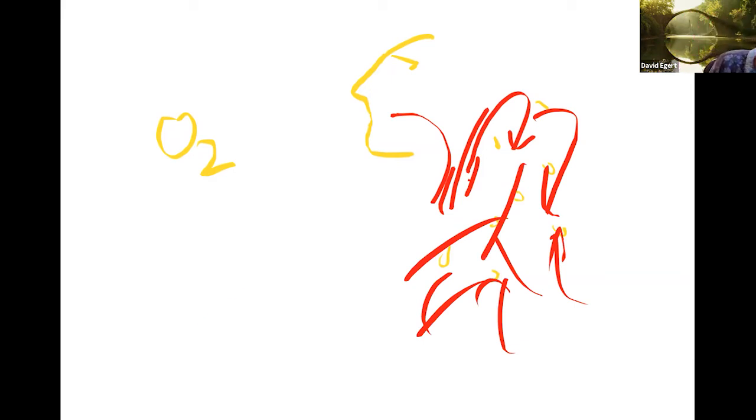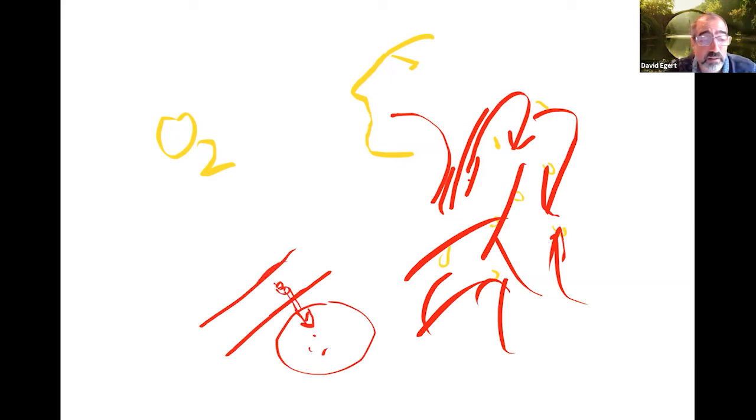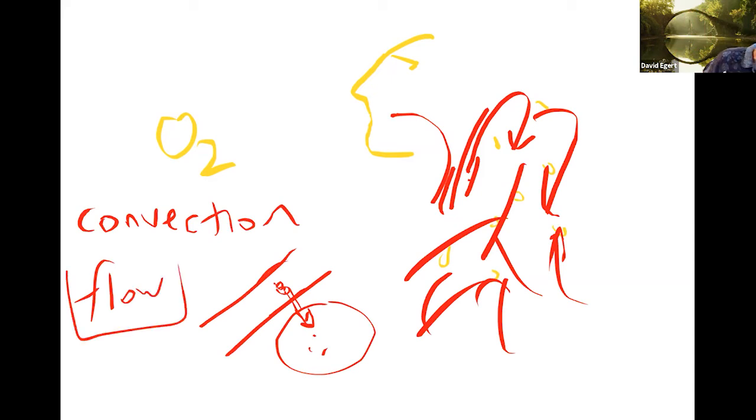Once the oxygen is near a capillary, diffusion can do its job, moving out of the capillary to the cell, but that's just a fraction of a millimeter. So this idea of convection, the flow, is a really important way things move as well. That's how your blood works. You pick up the oxygen, then flow in these convection flows to bring it close to the cells, so that diffusion can bring it the last little way.